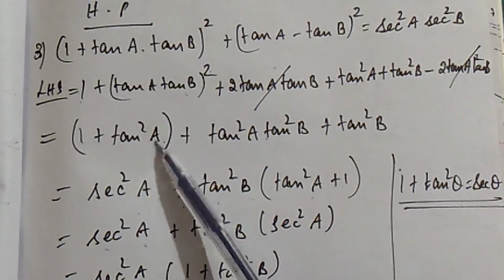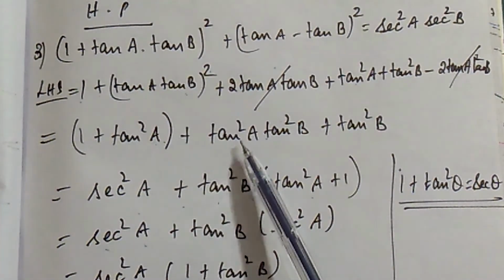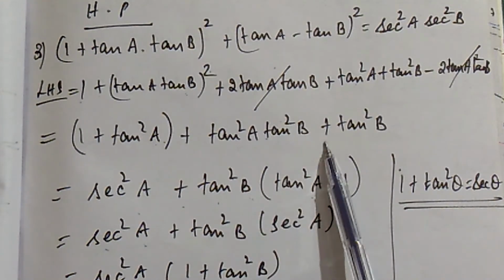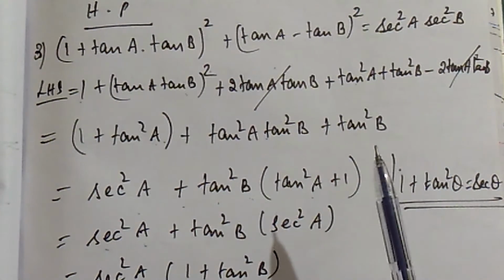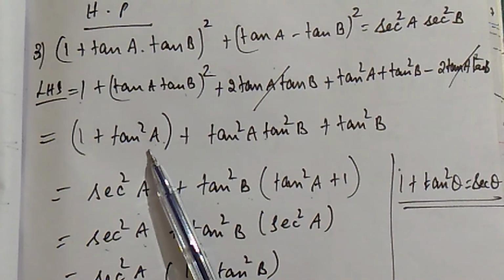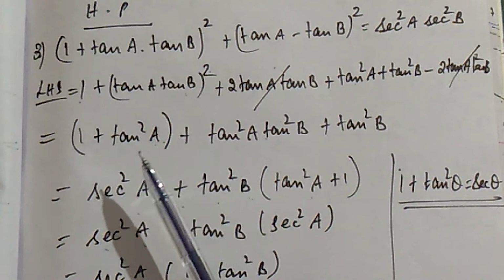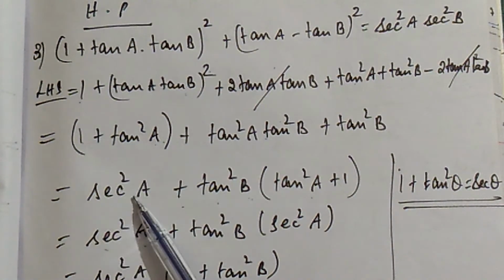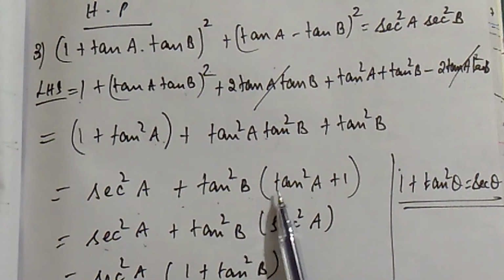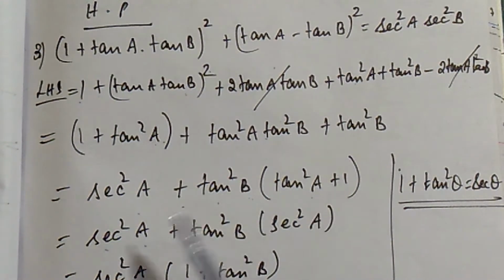1 + tan²A, one group, plus tan²A tan²B + tan²B. Now 1 + tan²A is equal to sec²A. So write sec²A plus tan²B common, you can take it; the remaining write in the bracket: tan²A + 1.